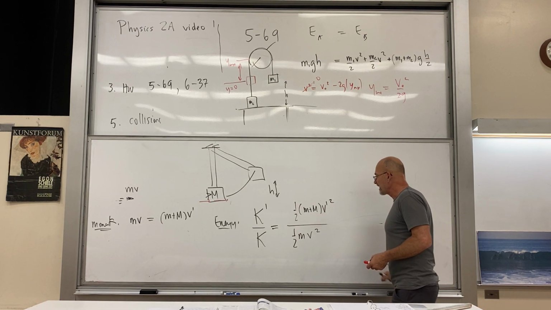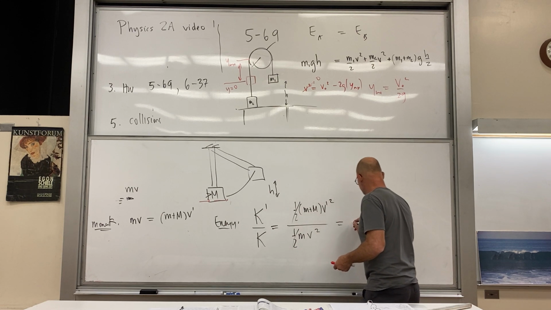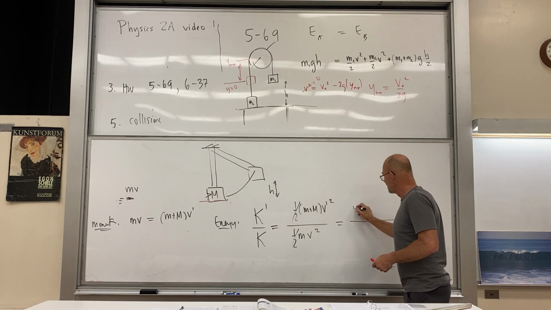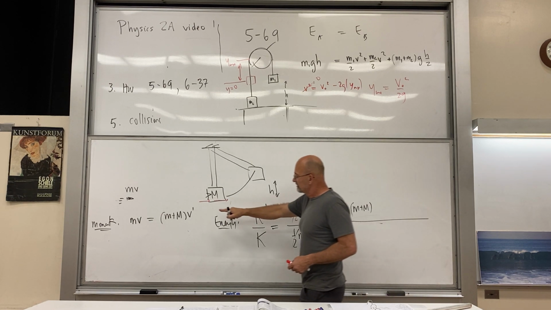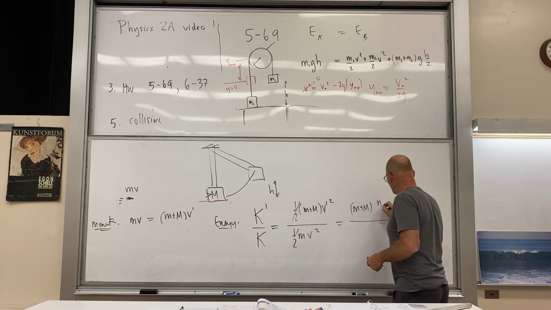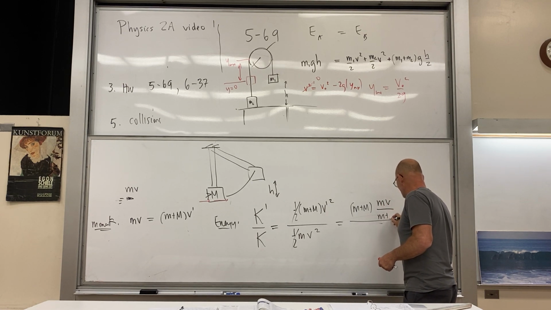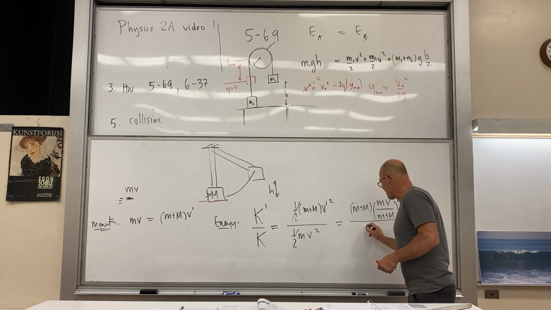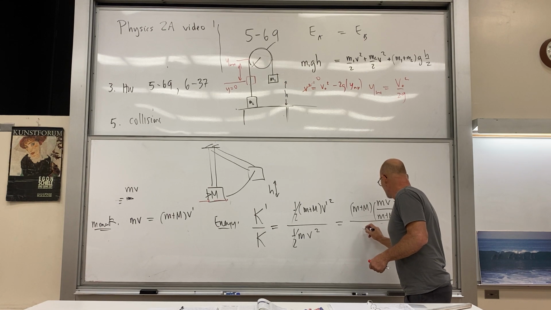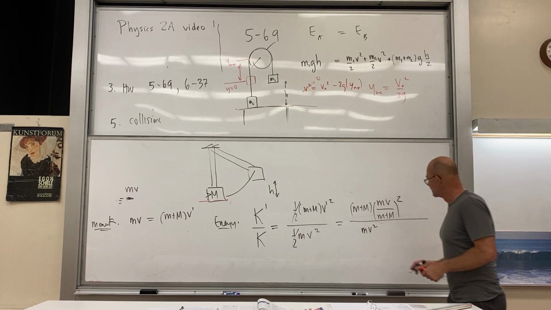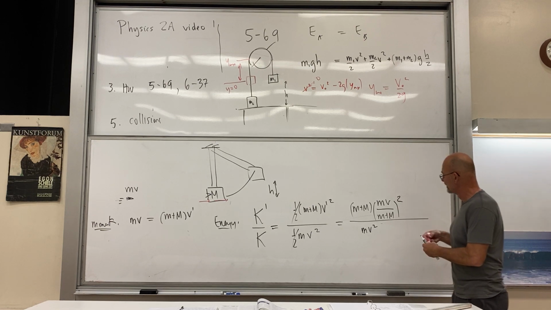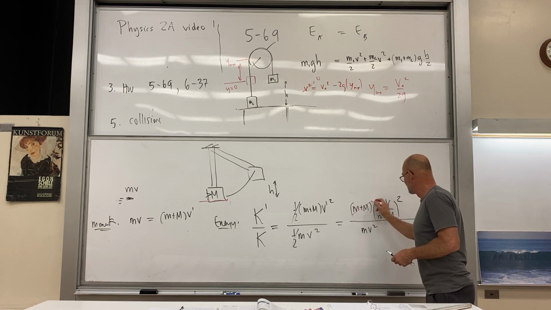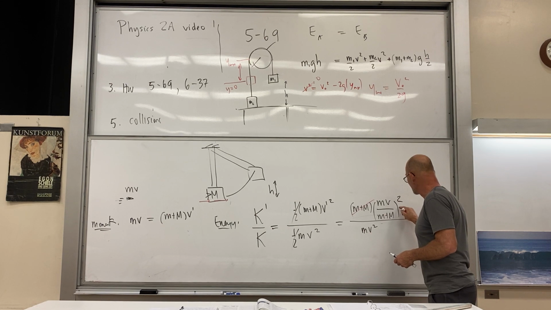Okay. So the 1/2s are gone, that's nice. Then we have M plus capital M, and the V prime is found to be mV divided by capital M plus lowercase m. So we're going to square that, divided by mV squared. Now we have to do a little algebra. This one against one of these. In fact, I'll just do 2 parentheses here.